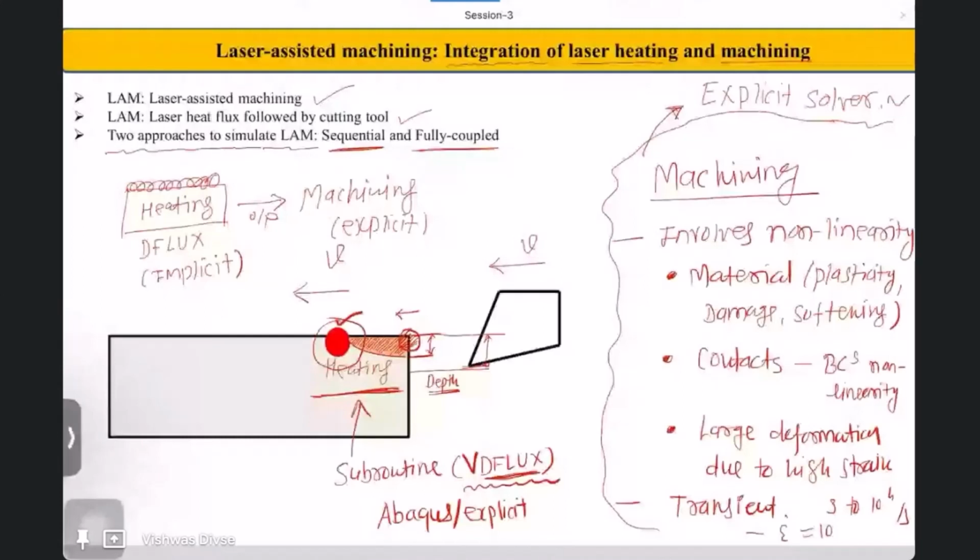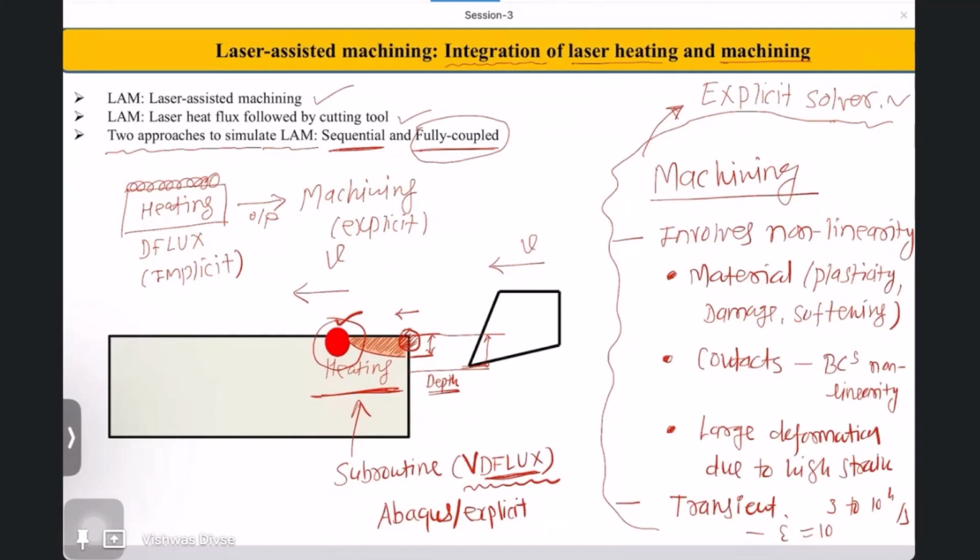So a better and more accurate approach is the fully coupled approach. In this, we are not going to do heating first and then machining. Simultaneously, both things are happening. Your heating is followed by your cutting tool. This fully coupled approach was not known earlier, because the VDFLUX subroutine was not developed by any of the researchers.